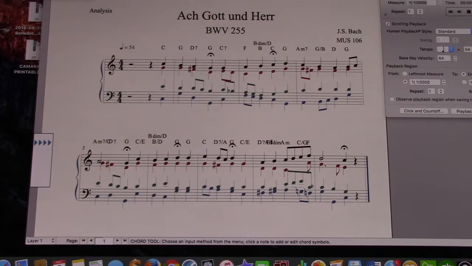So the C, which hangs on from the previous tenor, is really an accented suspension. 4-3 suspension tenor. C going to B, the 3rd of the G chord. So I'm going to call that a G7. And then when I do my analysis, I will write that this is a 4-3 suspension right here.